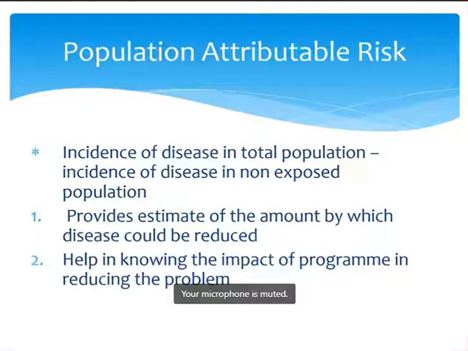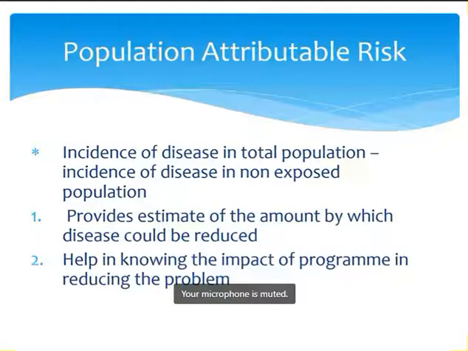To understand that, it would be interesting to know what is the population attributable risk. So what is the incidence of disease in the total population minus the incidence of disease in the non-exposed population? That will provide an estimate of the amount by which the disease could be reduced.